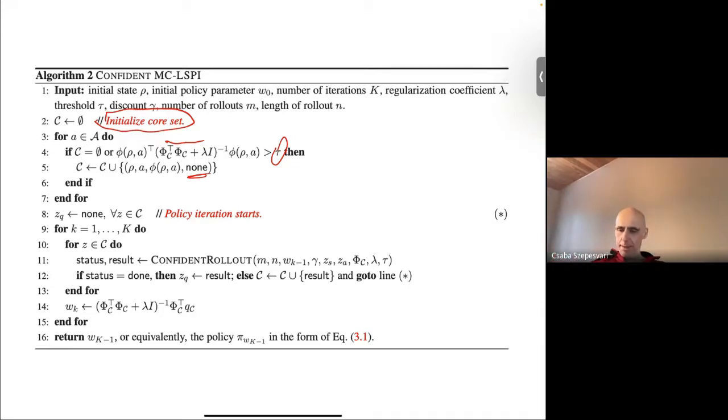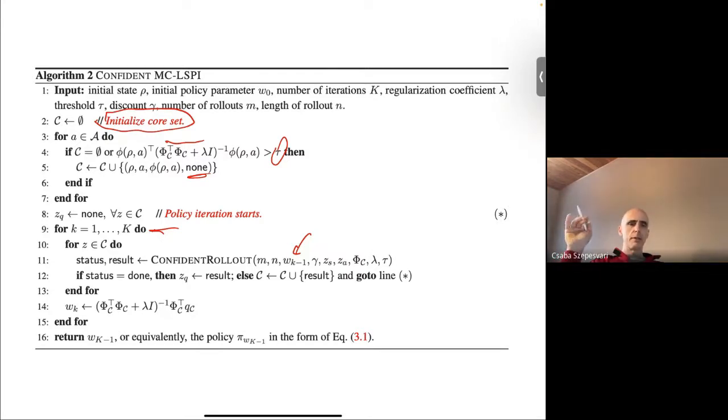So we're going to have the same loop over k iterations of policy iteration. And what we were doing before is that we were just solving a least squares problem. We set up a least squares problem, and then we solve it, and then we get the next weight. So here the weights are w, not theta, but that's the only difference. So given the previous weights, we're going to do all these rollouts, and we're going to get something out of this.